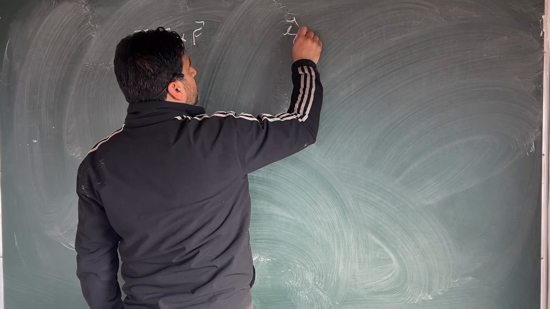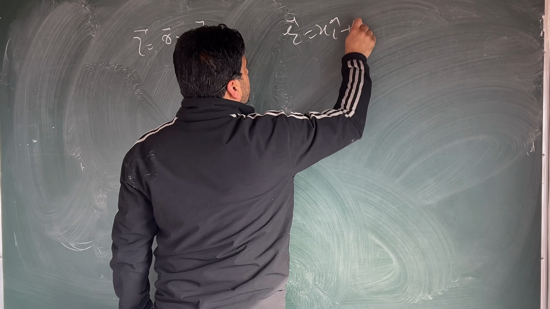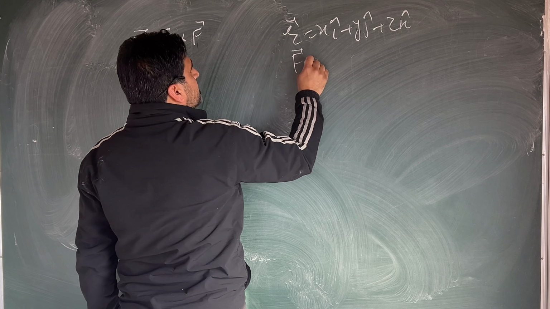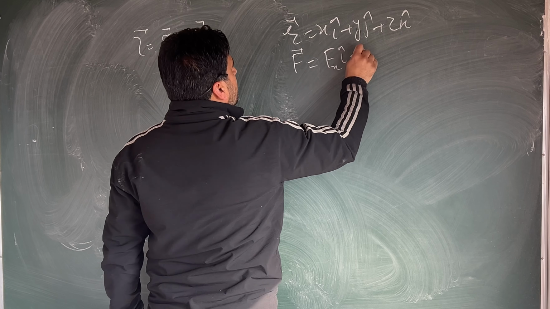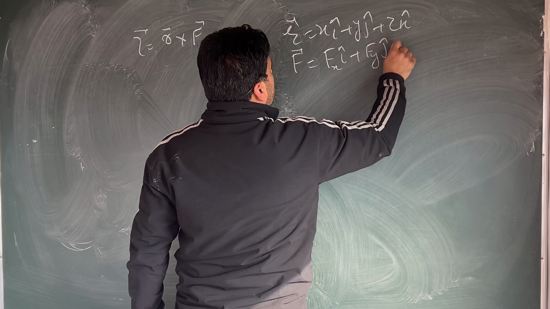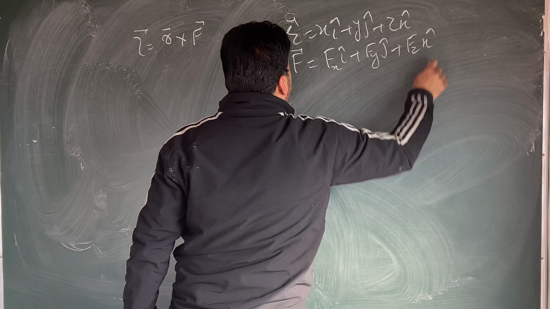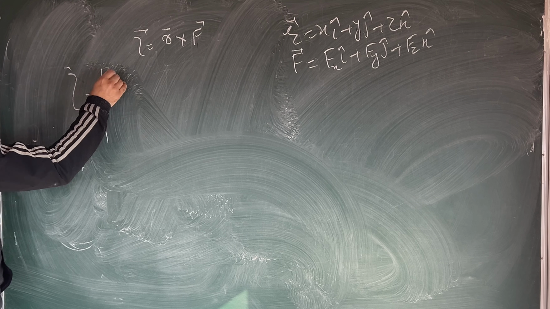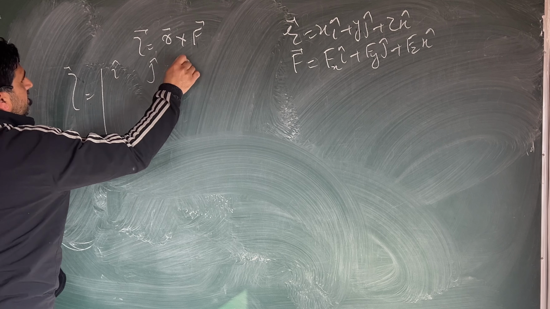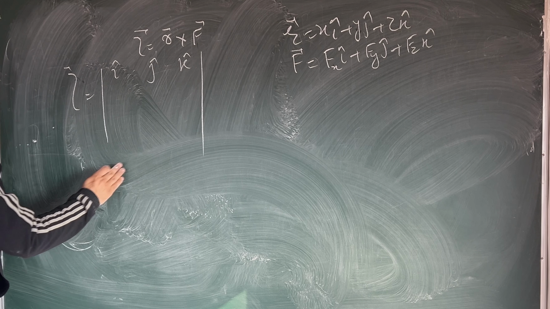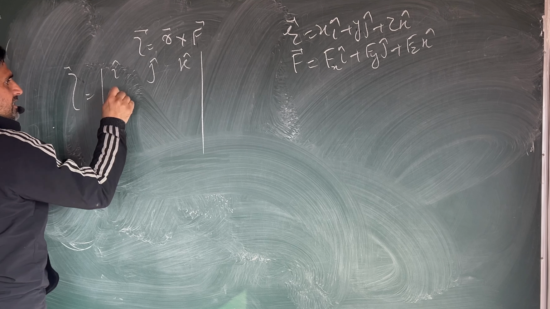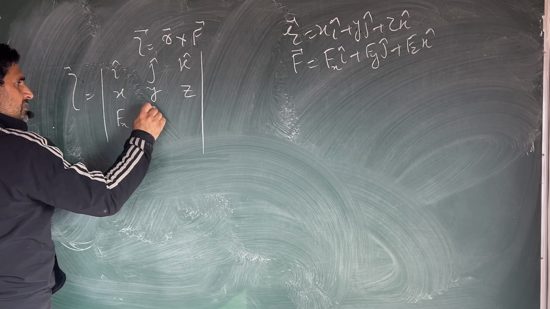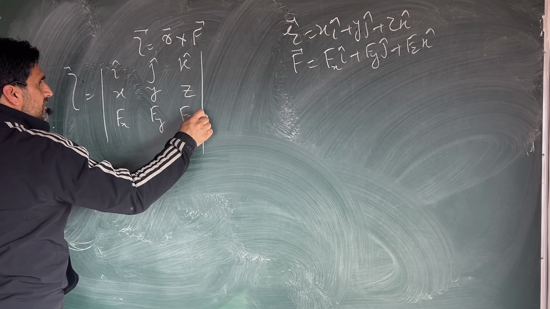R is equal to xi plus yj plus zk, and F has its components fxi, fyj, and fzk. So I can write torque in vector form as a determinant with rows i, j, k; x, y, z; fx, fy, fz.